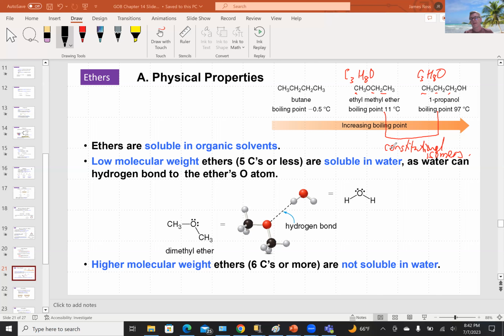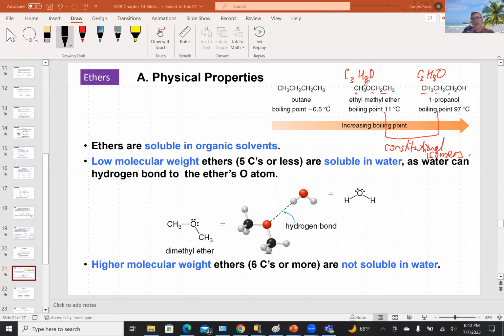So be careful here. I made a statement that can be misinterpreted. I said that ethers can't hydrogen bond. I meant they can't hydrogen bond with themselves because they don't have a hydrogen directly bonded to the oxygen. They only have carbons. They can hydrogen bond with something that is capable of hydrogen bonding. So again, this can be interpreted the wrong way if you're not careful.